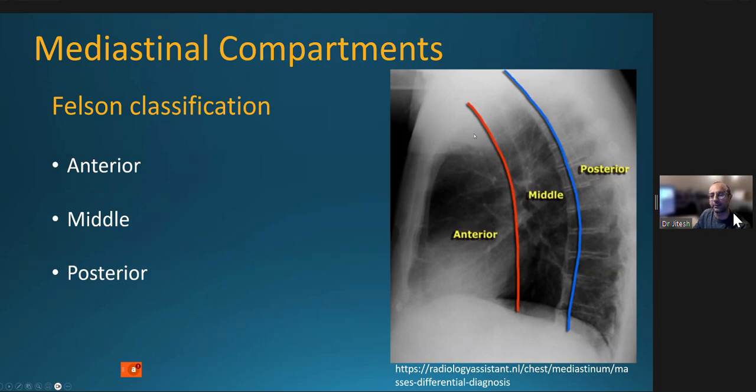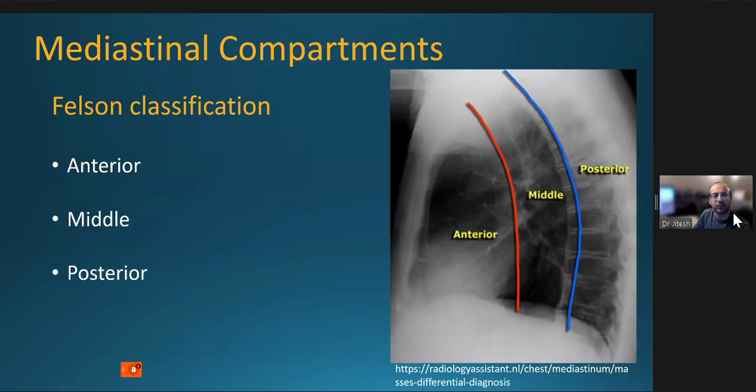The anterior compartment is when we draw an imaginary line from the anterior wall of the trachea and behind the heart. And then we draw the second line, which is 1 centimeter behind the anterior margin of the vertebral body. So this was the middle mediastinum. Anything anterior to the first line was the anterior mediastinum, and behind this blue line was the posterior mediastinum. So this was based on lateral chest radiographs.